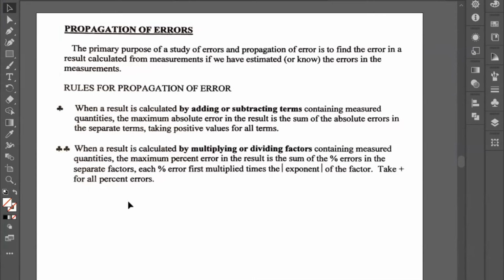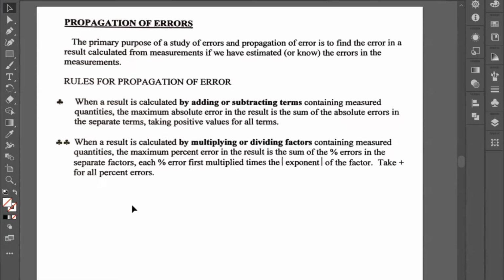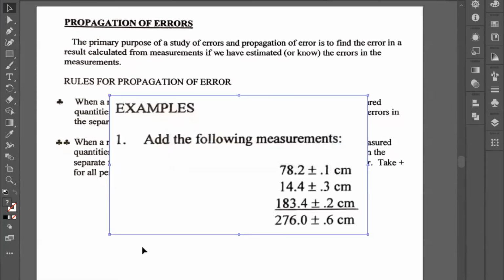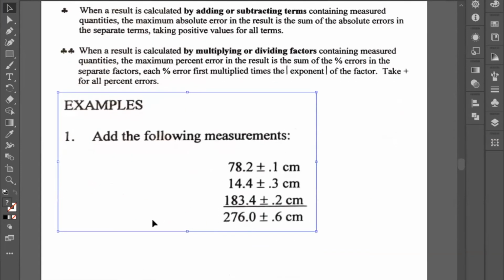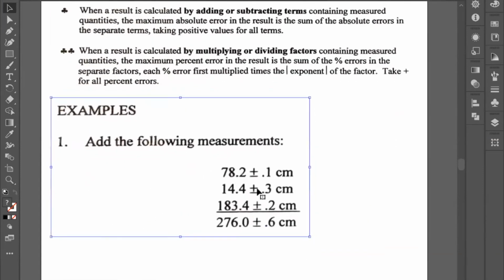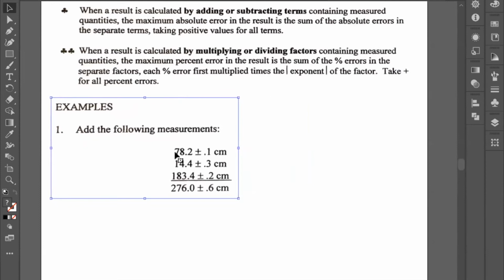So here's a couple examples before I let you guys take a break. When you add these measurements right here, you add the absolute errors. So we have 78.2 plus or minus 0.1, 14.4 plus or minus 0.3, and 183.4 plus or minus 0.2.